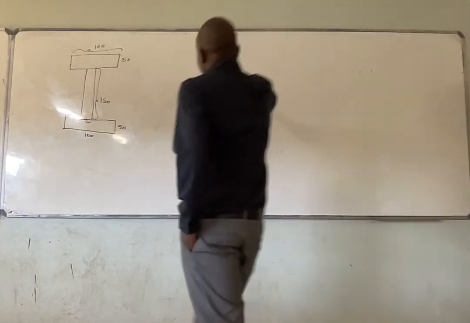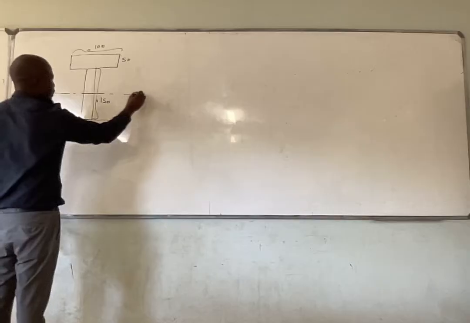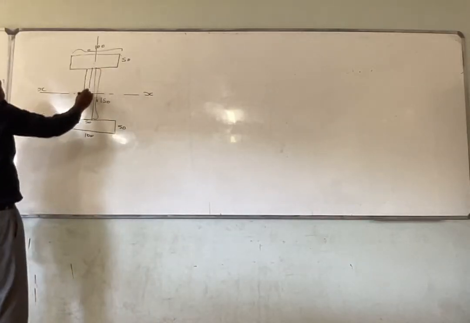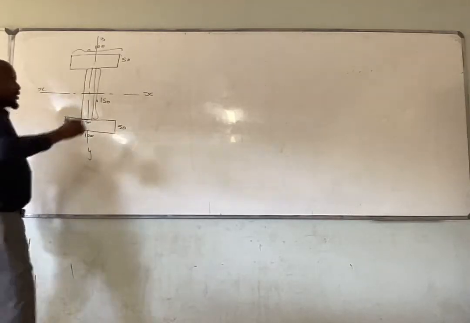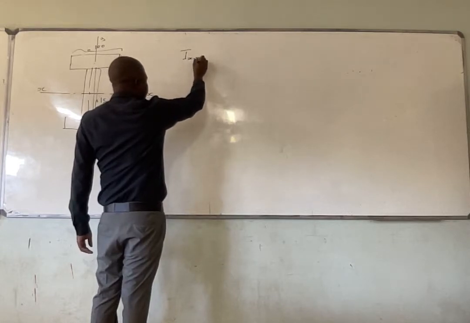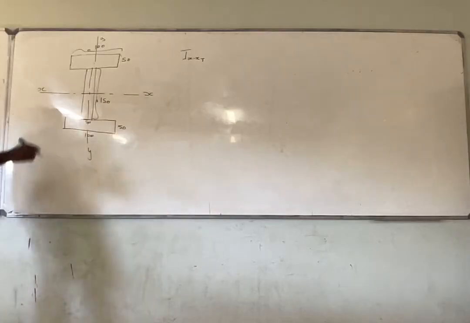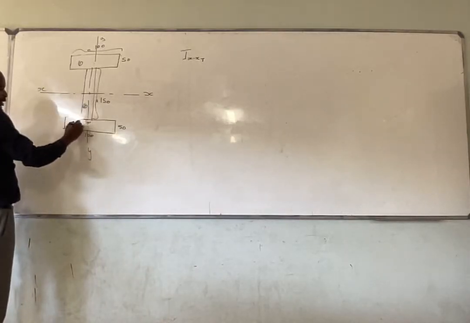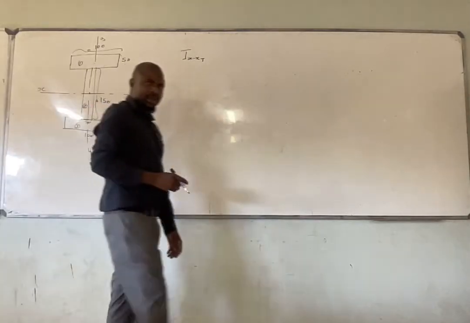So the horizontal will be our XX, and vertically, our Y. In this case, Ixx total, I mean for all the three areas: area 1, area 2, area 3. How are we going to get the total for this one?